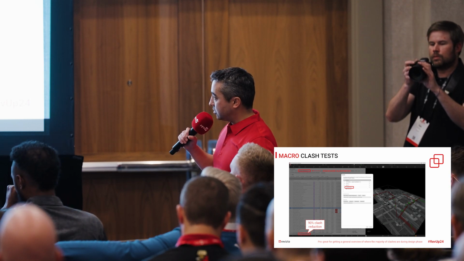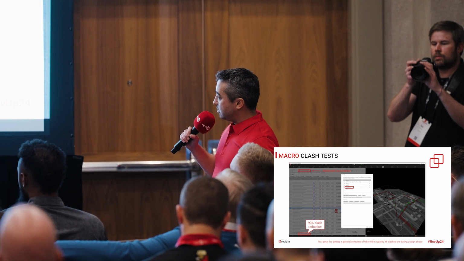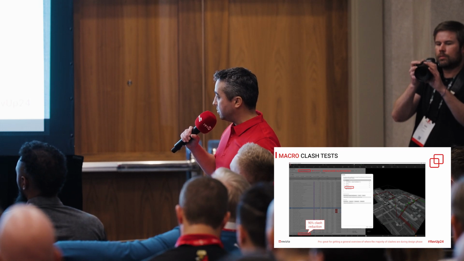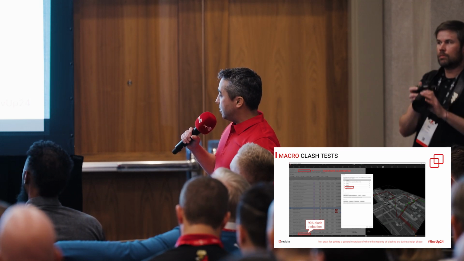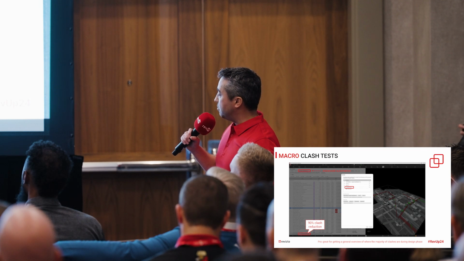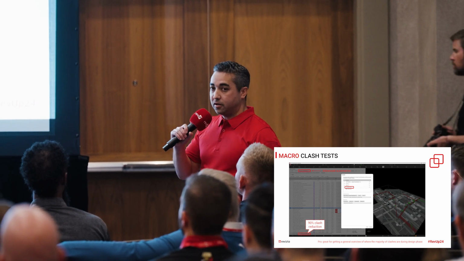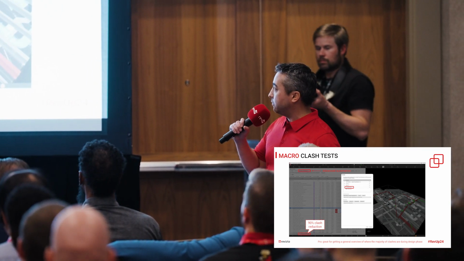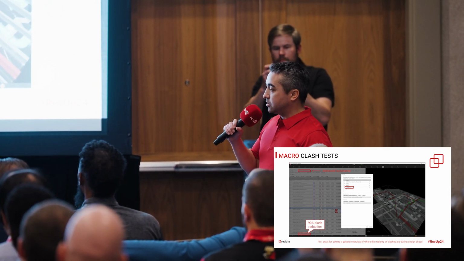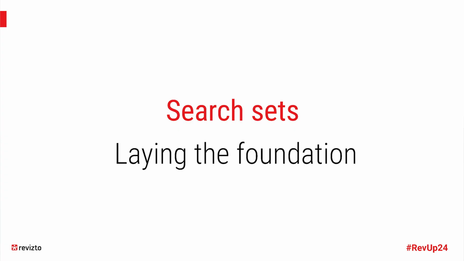You can see that I actually reduced my clash count by 90% because it's putting it into those groups. And why might this be helpful? Well, maybe it's really early in the design stage where you're just trying to get an idea of where the hot spots are. You don't necessarily need to fix everything. You just need to fix the bulk of the major issues.